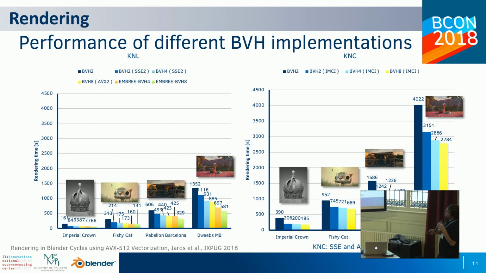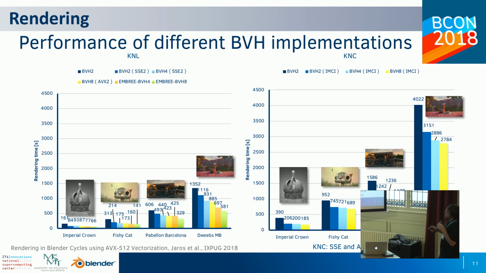Now if we take a look at how the different widths of the BVH affect the performance, it's pretty significant. You have the architectures here. These are the Xeon Phi accelerators, the old one, KNC, and the new one, KNL.